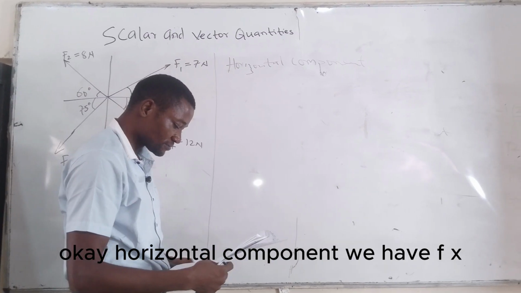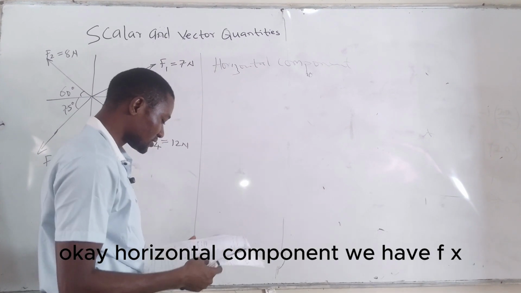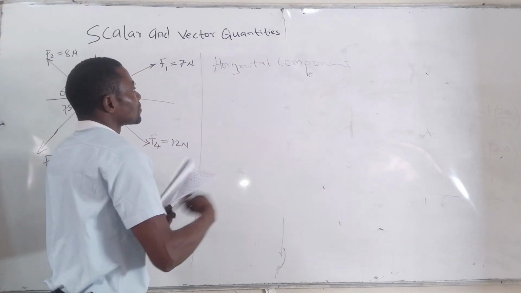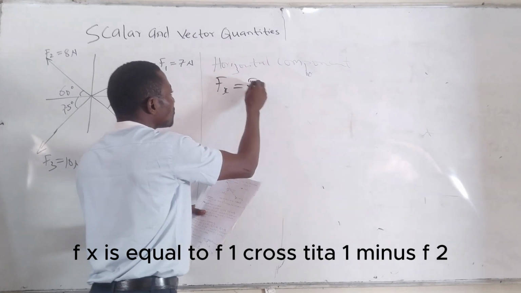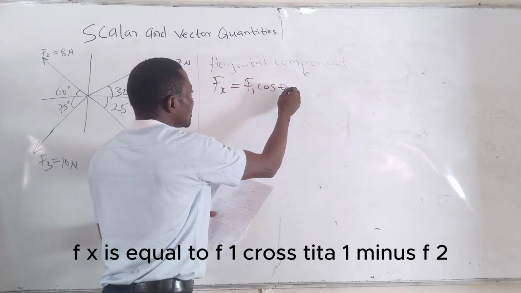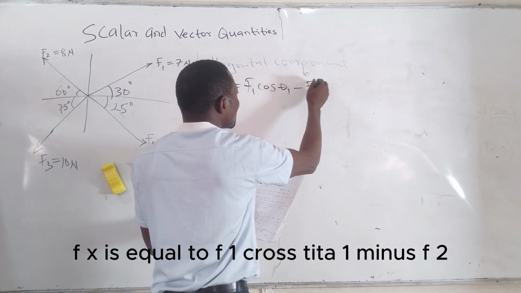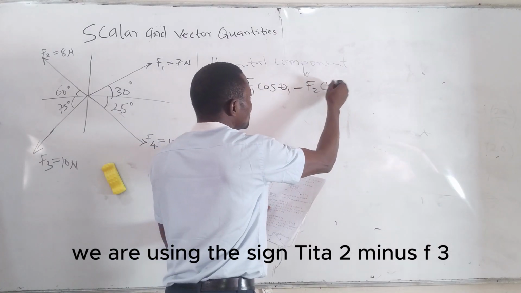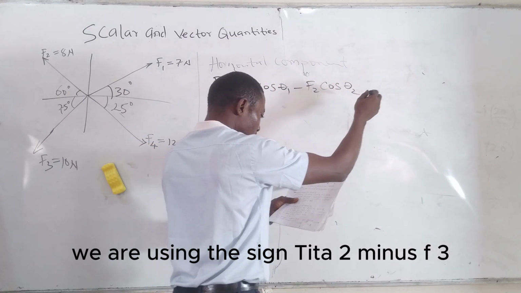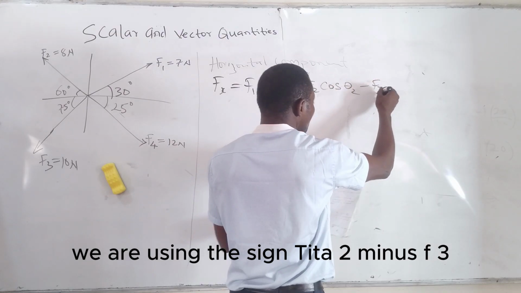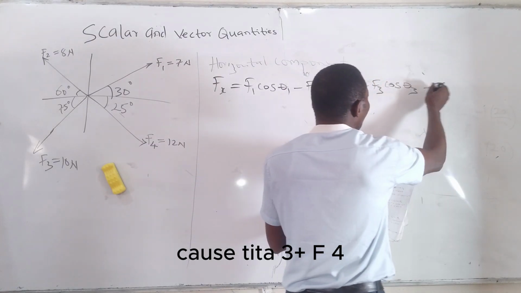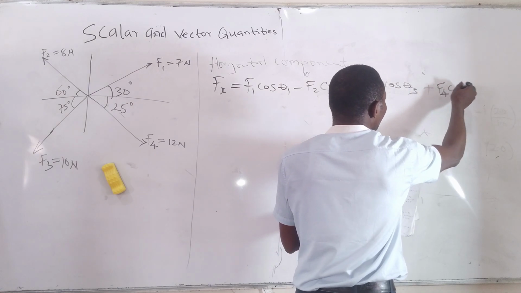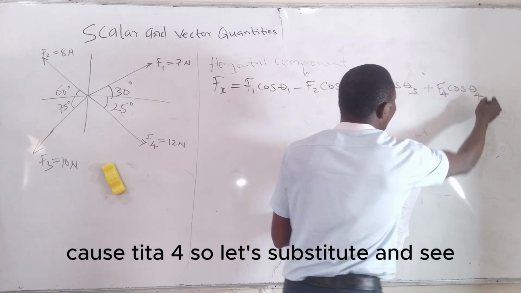We have Fx. Fx is equal to F1 cos theta 1 minus F2 cos theta 2 minus F3 cos theta 3 plus F4 cos theta 4.